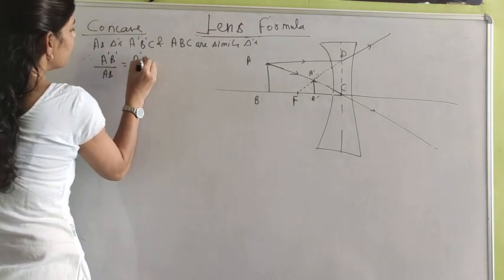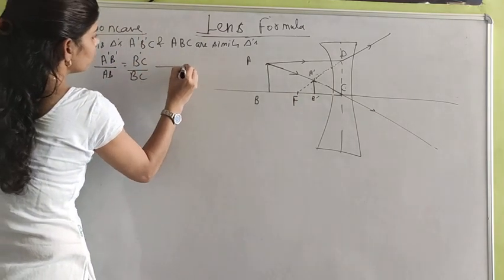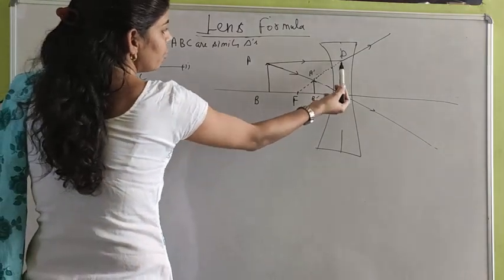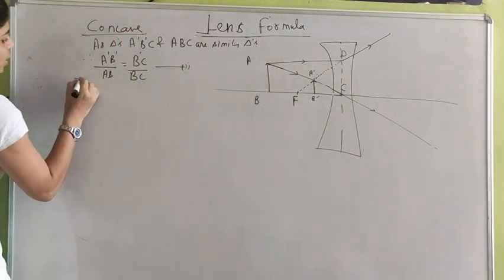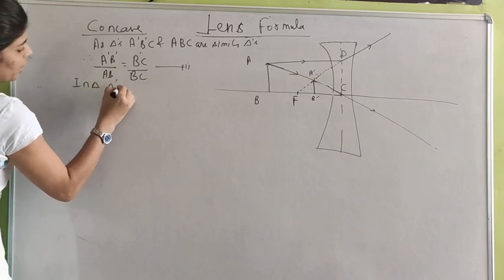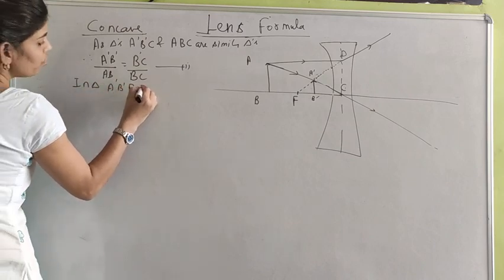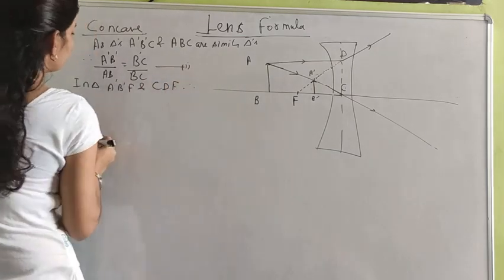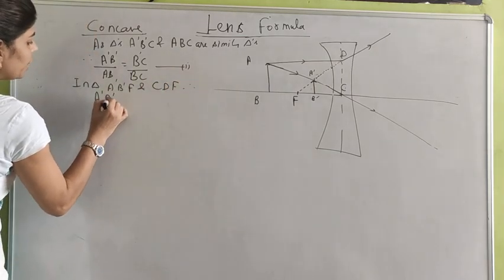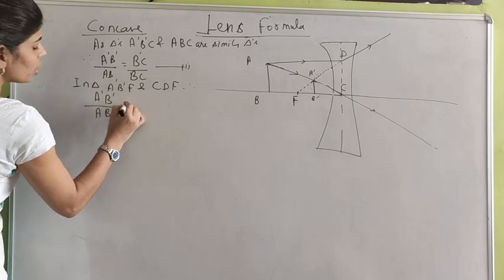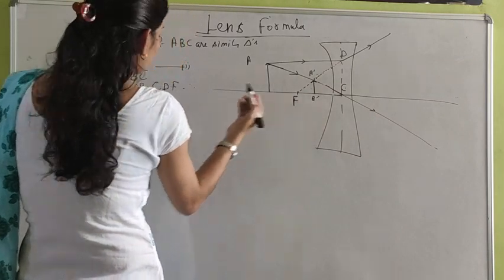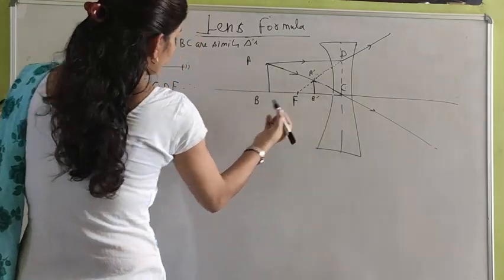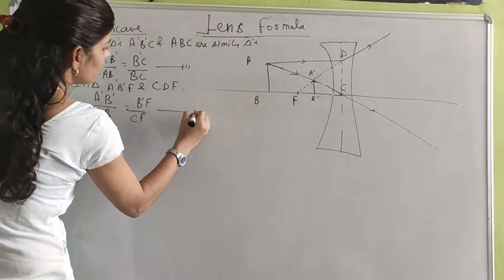This is the first equation. In the same way, in triangles A dash B dash F and CDF, these are also similar triangles. Therefore, A dash B dash over AB is equal to B dash F over CF. This is the second equation.